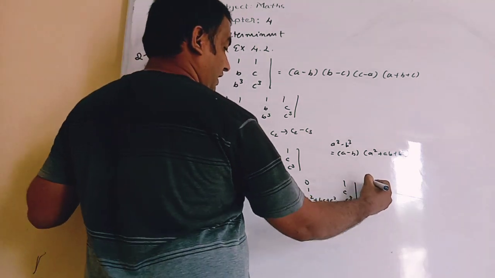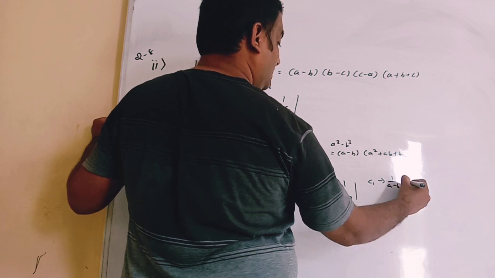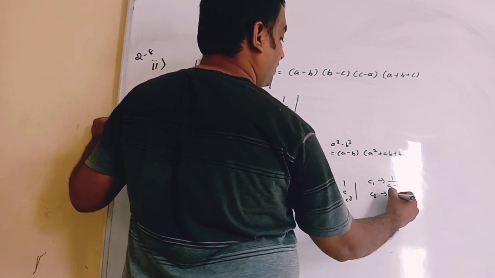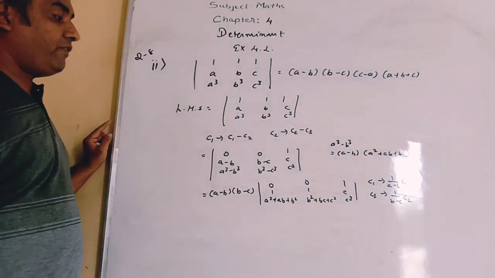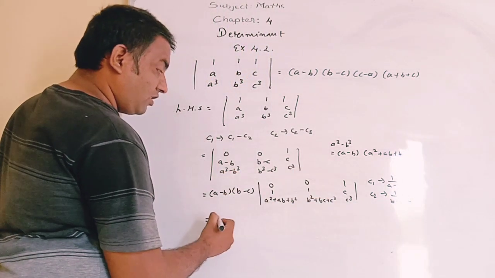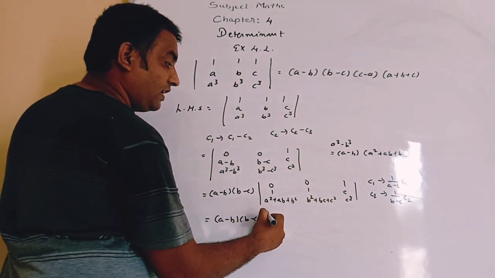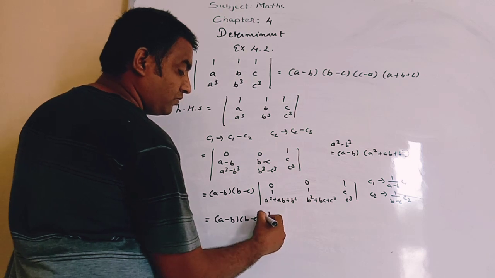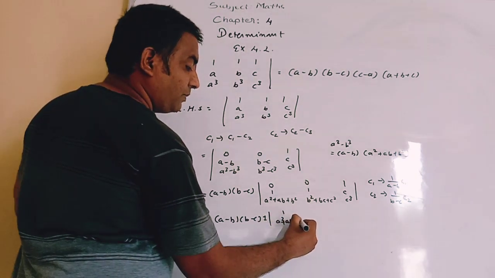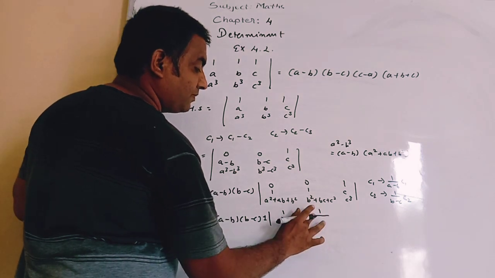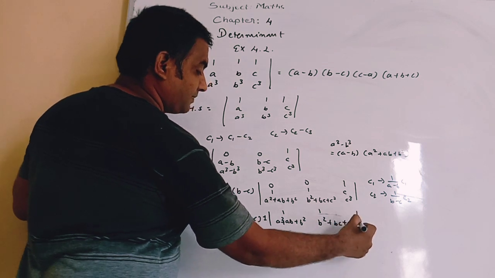And here we will write C1 transform into 1 by a minus b C1, C2 transform into 1 by b minus c C2. Now we expand with this one, then third column, then a minus b, b minus c and 1 into the determinant 1, a square plus ab plus b square; 1, b square plus bc plus c square.